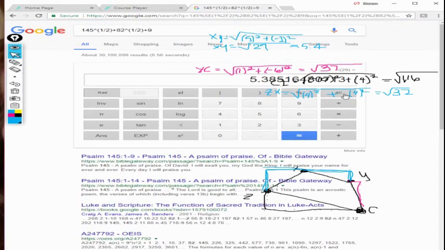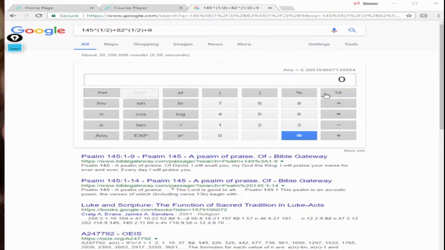Okay, so we have the square root of 37, which is rounded to the nearest tenth, 6.1, because the 8 is bigger than 5, and then we're going to have the square root of 116, and that is going to be 10.8 because the 7 in the hundredths place rounds the 7 in the tenths place up. And then we're going to have the square root of 32.